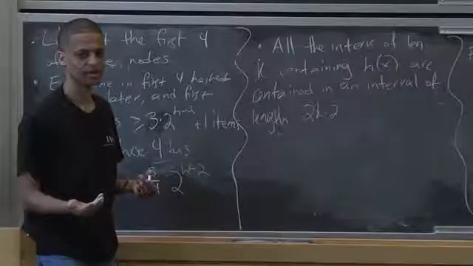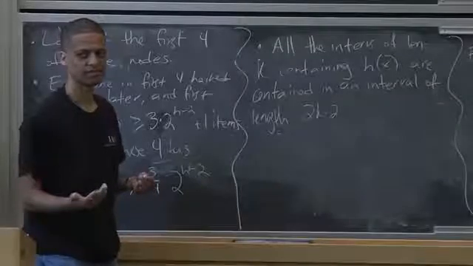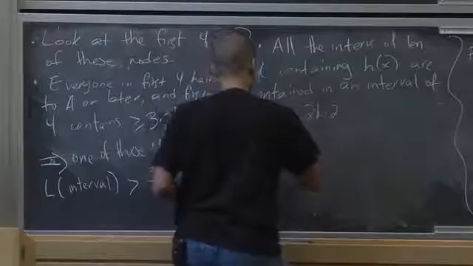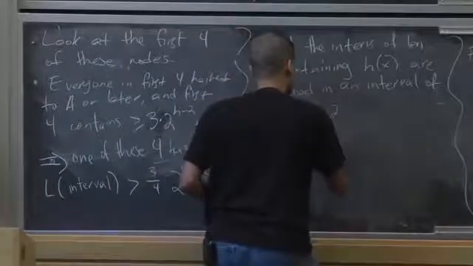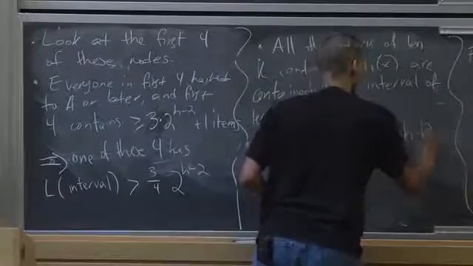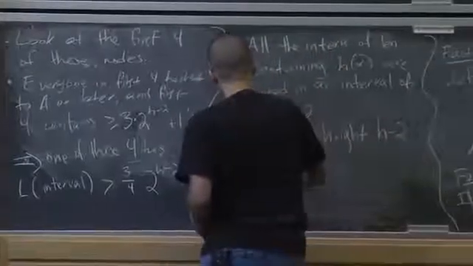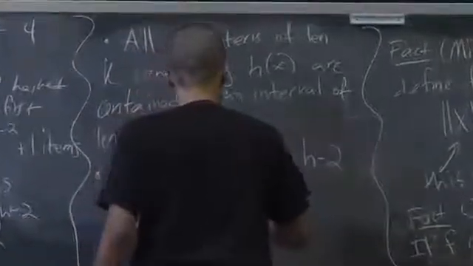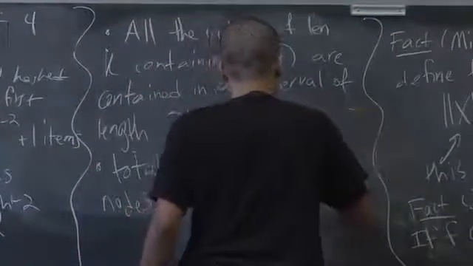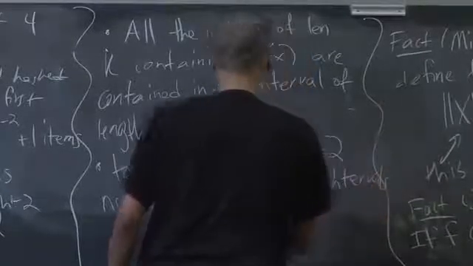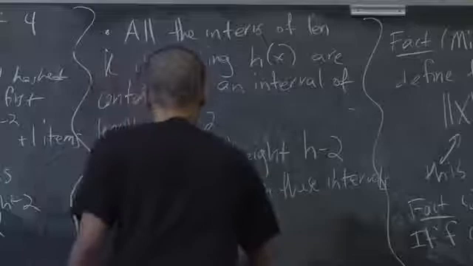Right? Are people with me? So the total number of height h minus 2 nodes used to span these intervals is some constant.